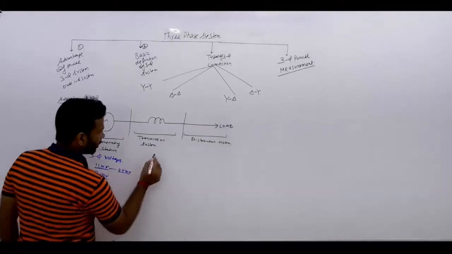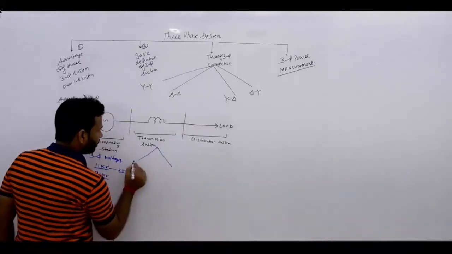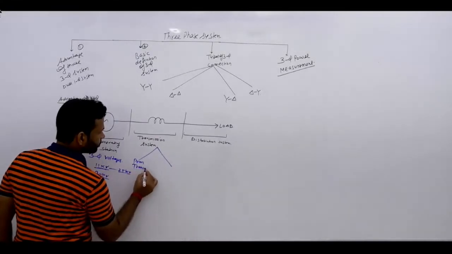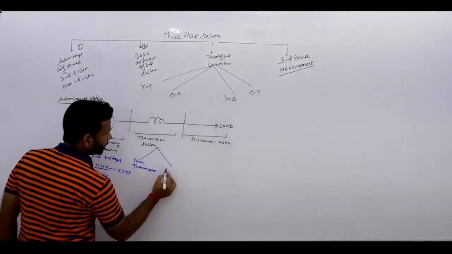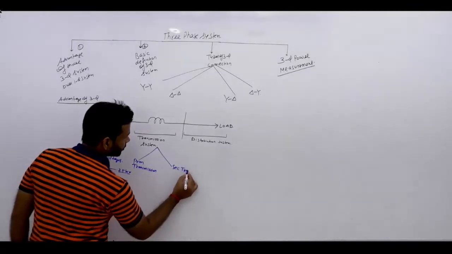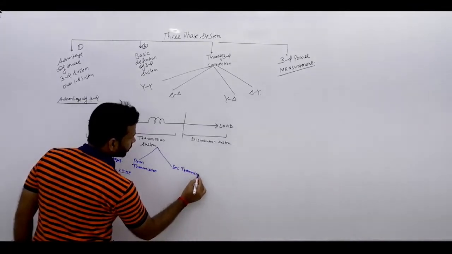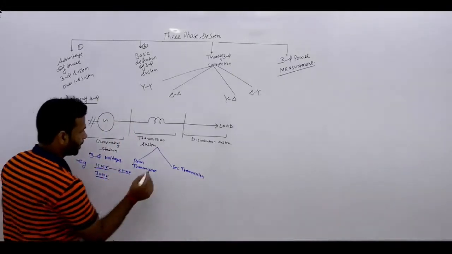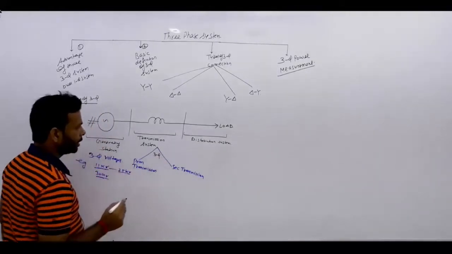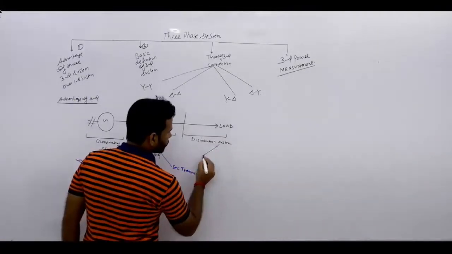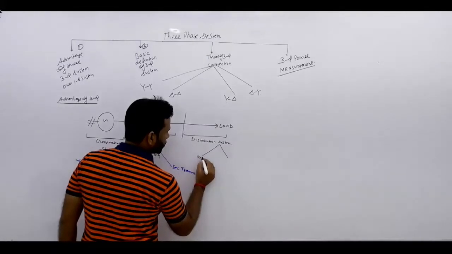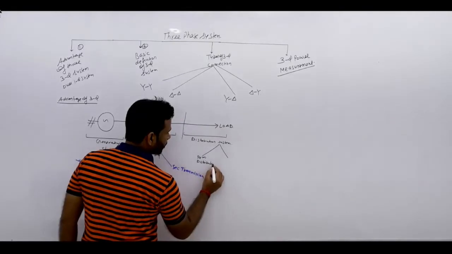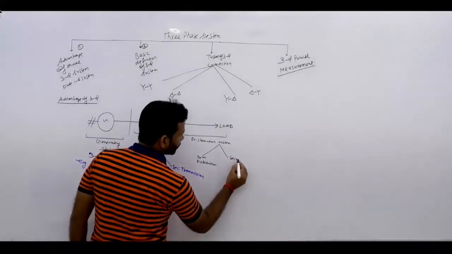Now your transmission system is of two types: primary transmission system and secondary transmission. So your transmission system is also three-phase. Similarly you have a three-phase distribution system: primary distribution and secondary distribution.